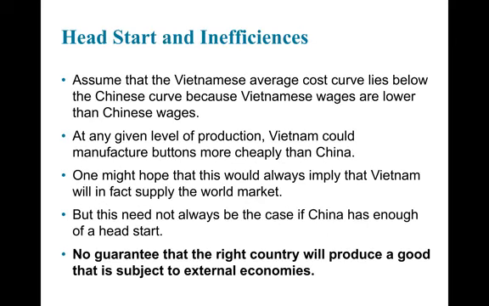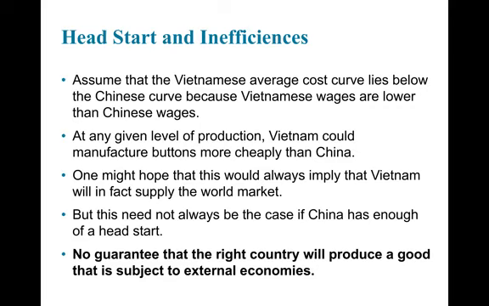So to see how having a head start might generate inefficiency, let's consider the following example. Suppose that the Vietnamese average cost curve lies below the Chinese curve, because, say, Vietnamese wages are lower than Chinese wages.